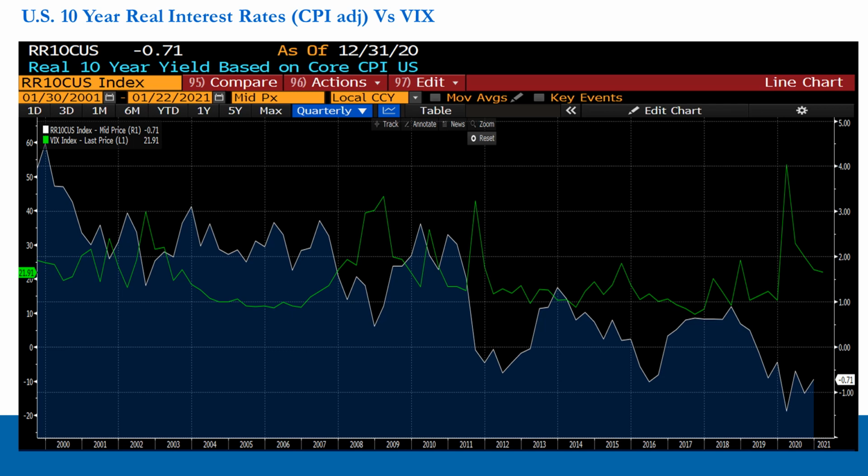Now, let's go back to something that we looked at earlier, where we looked at the 10-year real interest rate, so interest rates adjusted for inflation, versus the VIX, the S&P 500 volatility index. You can see from the chart, especially in the last business cycle, when we're looking from the period 2011 to 2020, what are we looking at here?